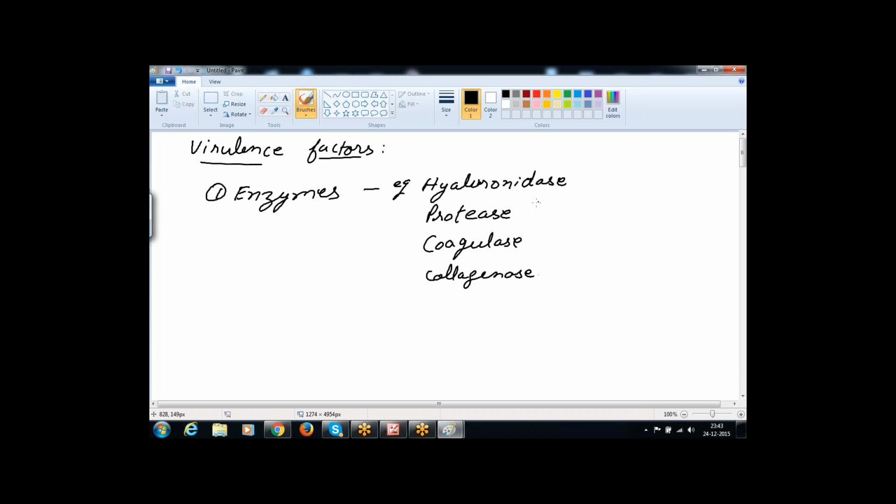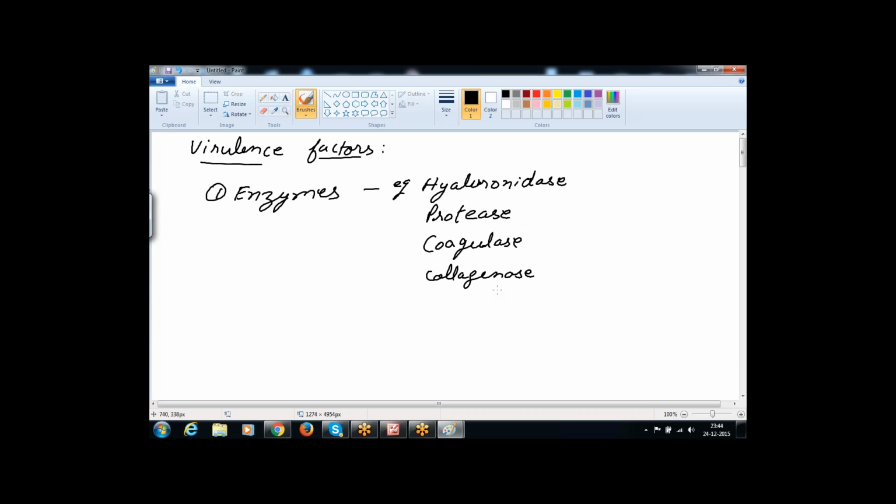Now, any bacteria which is capable of producing proteases will break down the host proteins and enter into the body. Coagulase will cause coagulation of blood and the bacteria will hide in that clot.